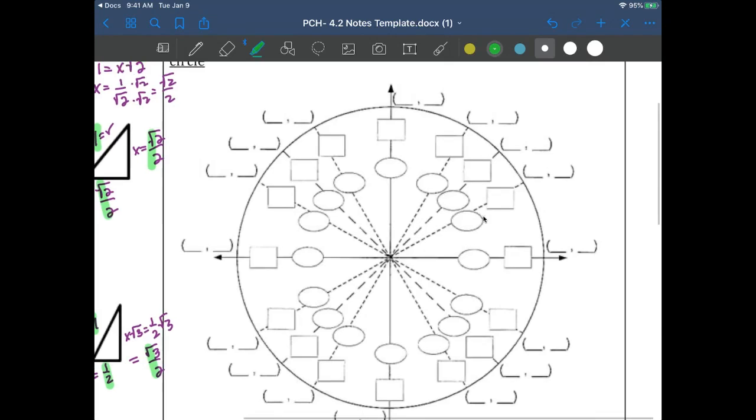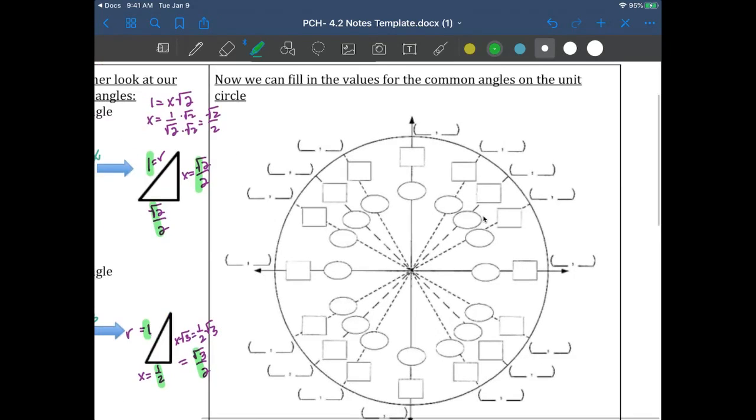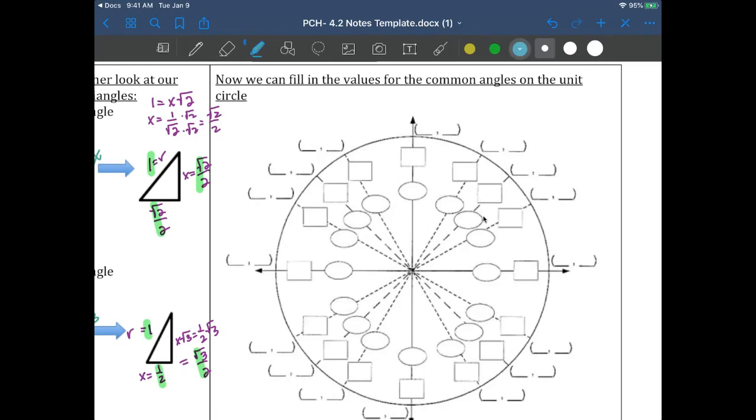Okay, so let's go ahead and look at the first quadrant of our unit circle. We know that each one of these angles in radians is going to be, first we have pi over 6 because it's closest to the x-axis, pi over 4 is the middle whisker, and pi over 3 is the biggest wedge.